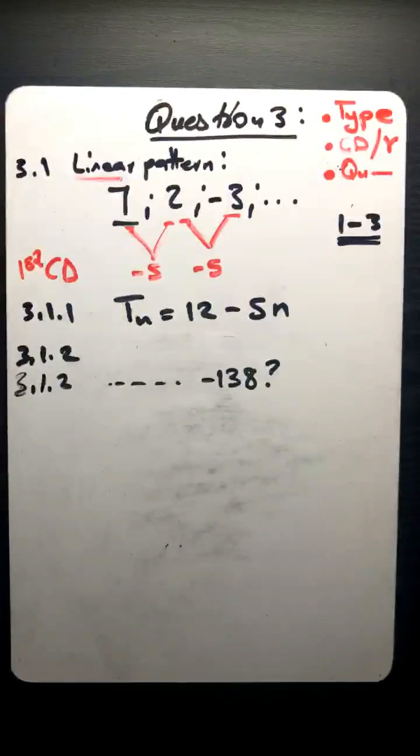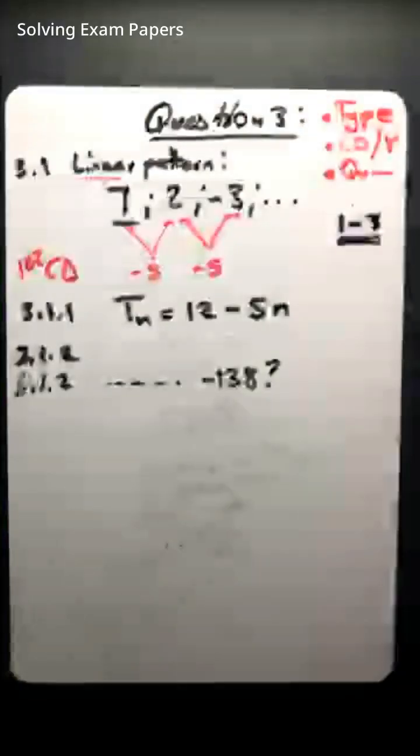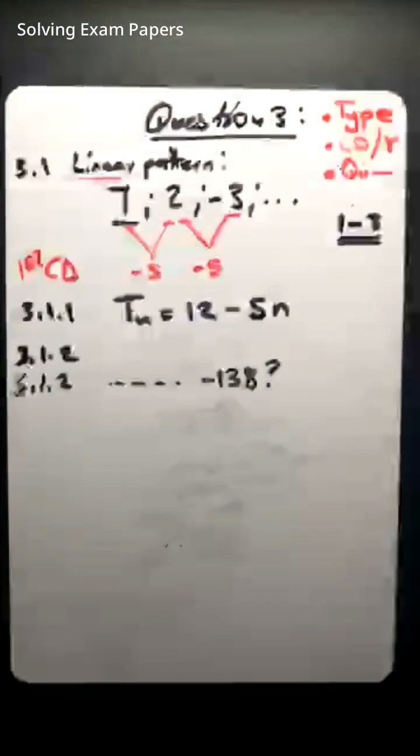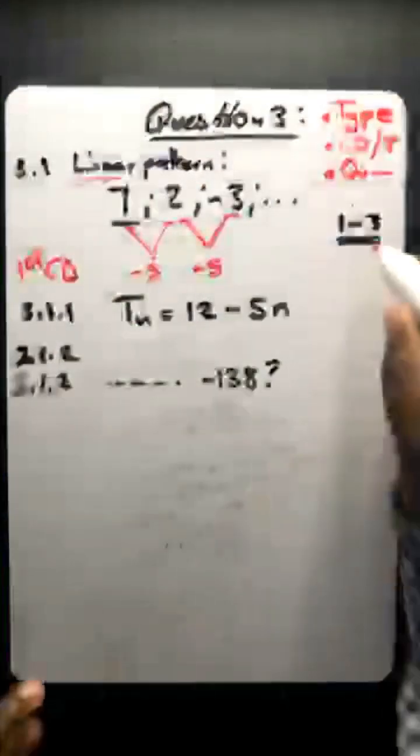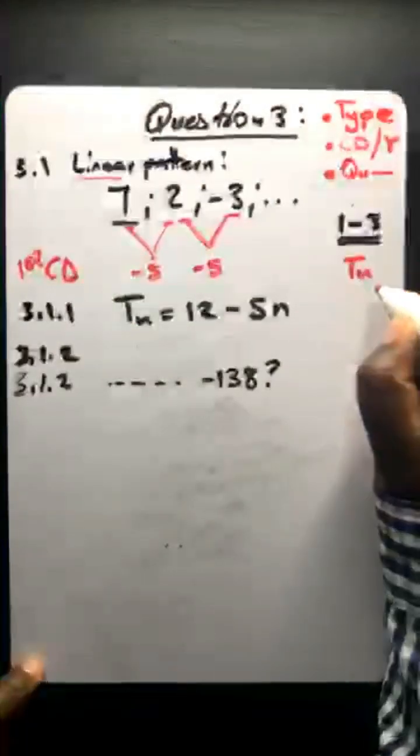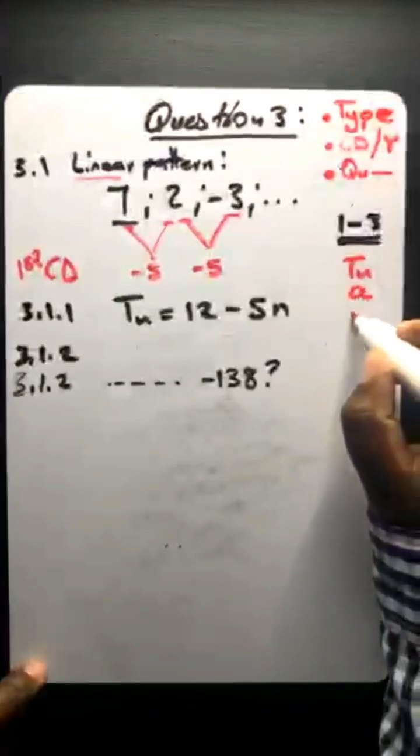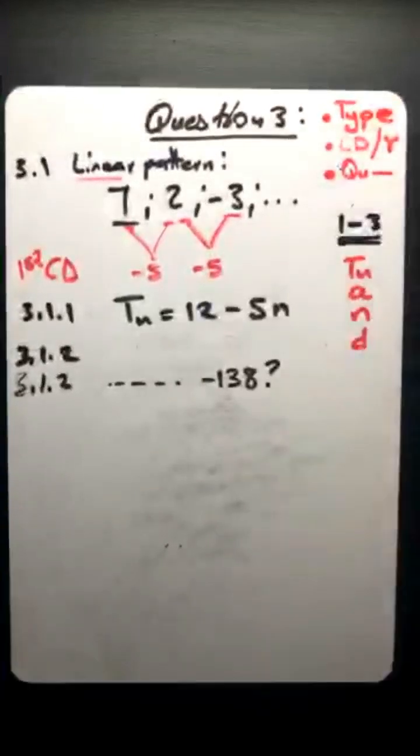Do they want us to calculate Tn, a, n, or d? Because under linear or arithmetic, it's either you calculate Tn, or a, n, or d. What exactly do you think they want us to calculate there?